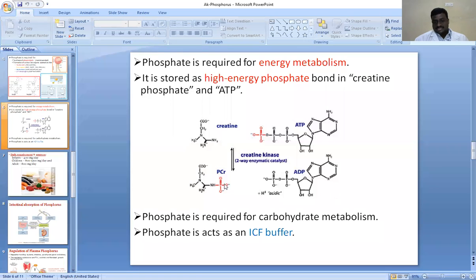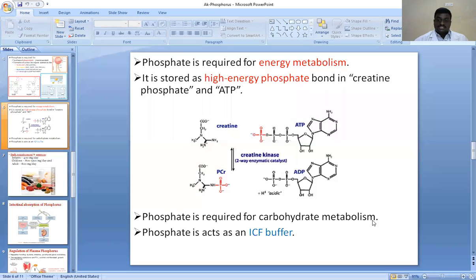in different metabolic reactions like carbohydrate metabolism. So phosphate is required for carbohydrate metabolism. For example, in glycolysis, the breakdown of glucose, how does it take place? Glucose is first converted to glucose 6 phosphate. One phosphate binds with the 6th carbon atom of the glucose, giving glucose 6 phosphate.